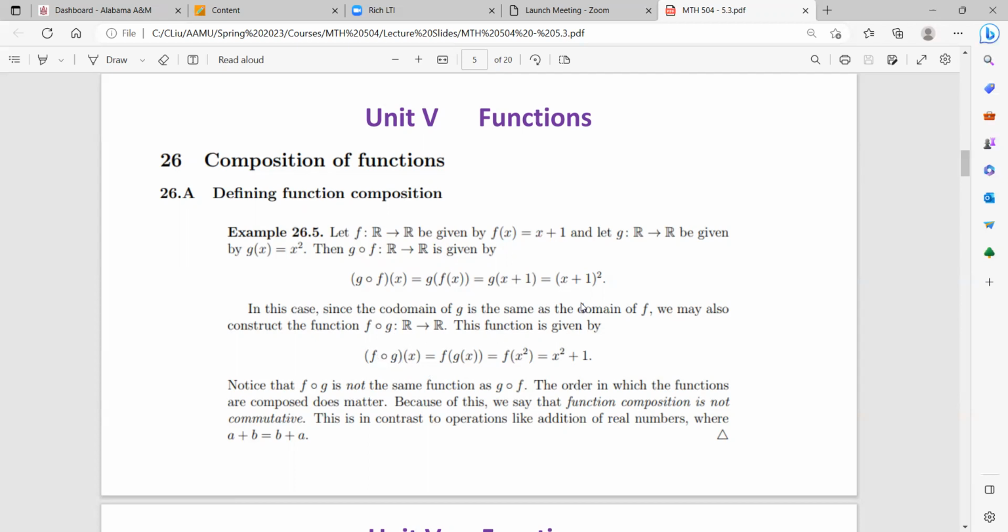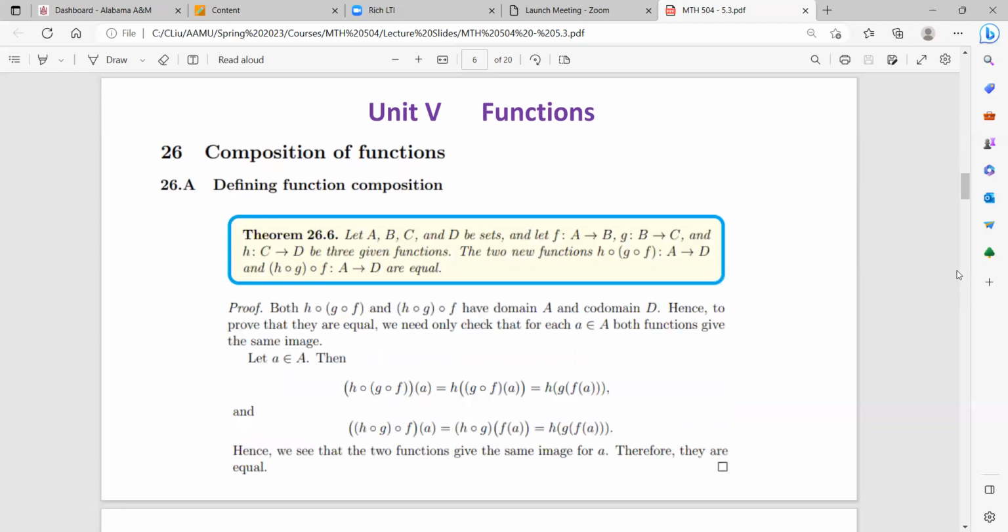So you can see if you reverse the order of composition of two functions in general, you're going to get different results. So composition is not commutative, all right, as we already know. And we saw it before in Math 112.